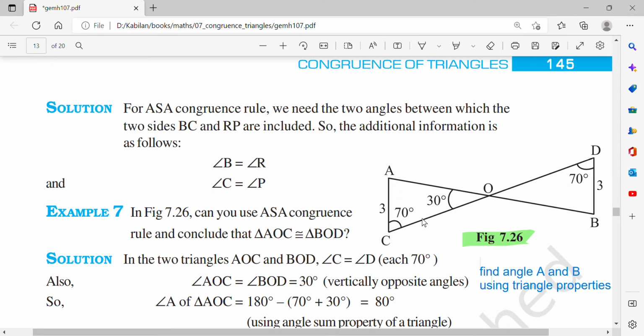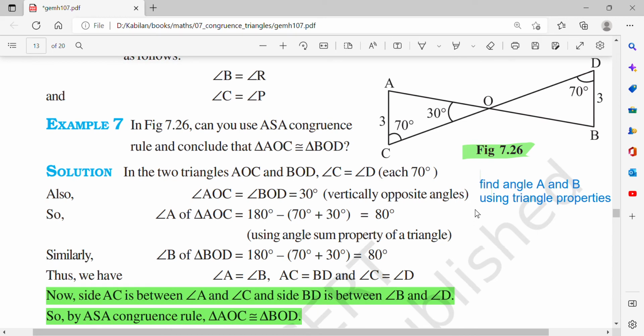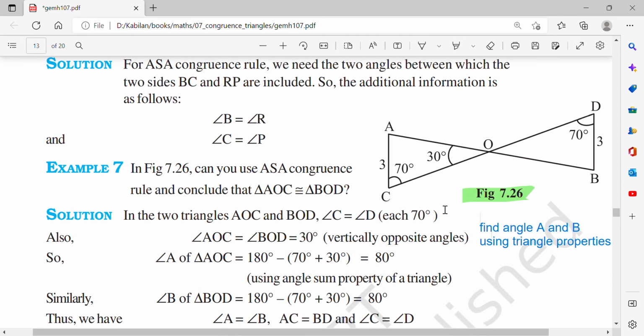So here in this triangle you can apply the angle sum property and the vertically opposite angle property to find out angle A. Angle A is 100, so this should be 80. Similarly, we can also find out this angle because this angle is 30, here also 30.